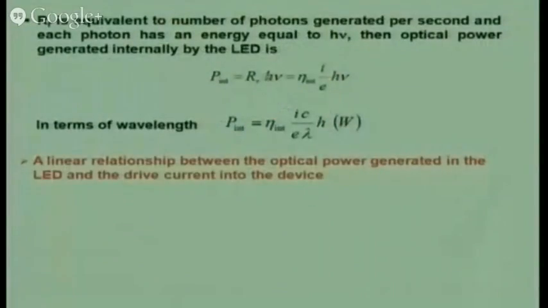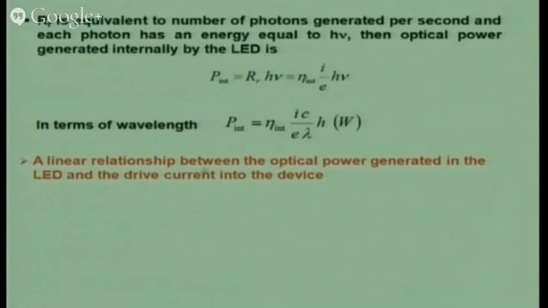So the power output is nothing but your recombination rate times h nu, which is the energy of a photon, and this RR is nothing but I times the efficiency over E, which the last slides gave me. The power output is now related to your current, right?